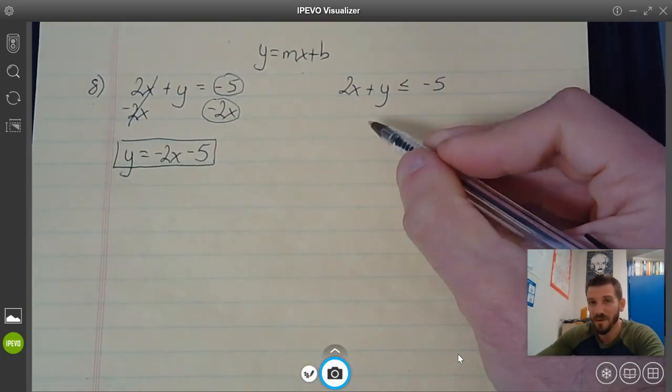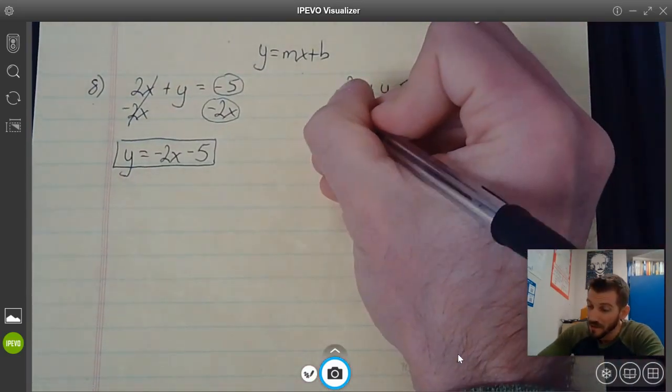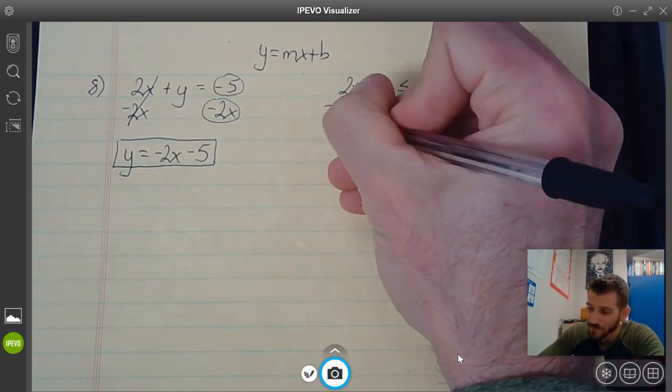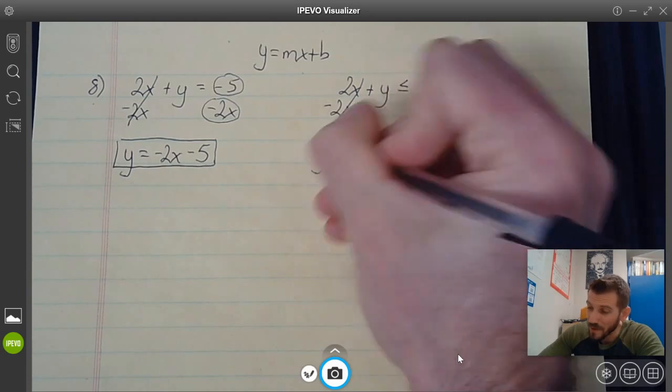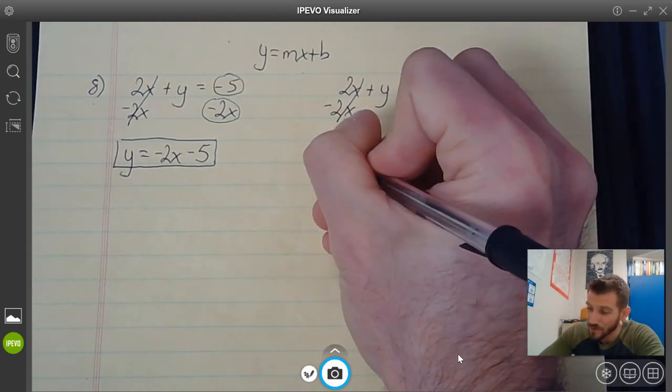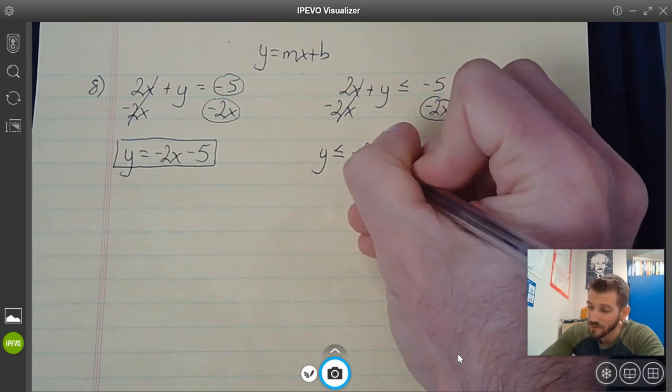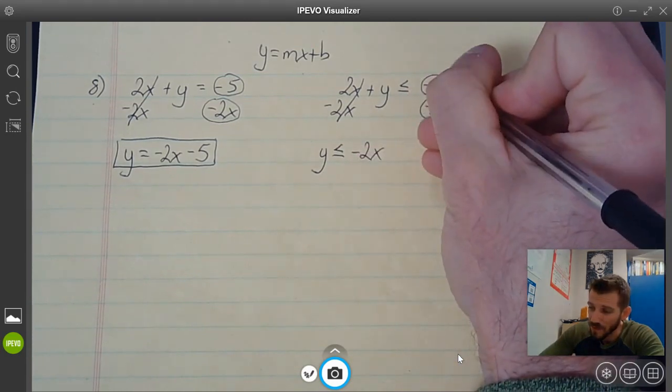Let's go ahead and do the same thing on this one, and then we'll graph. Again, I'm going to subtract 2x from both sides. So now I have y is still less than or equal to -2x minus 5.